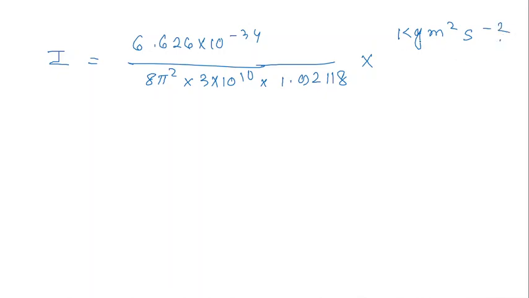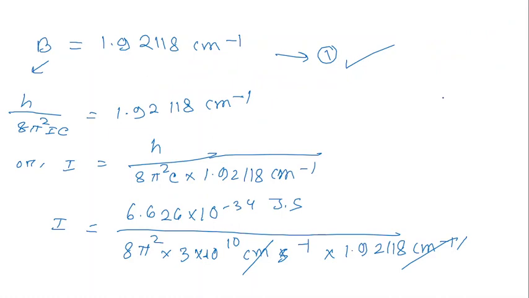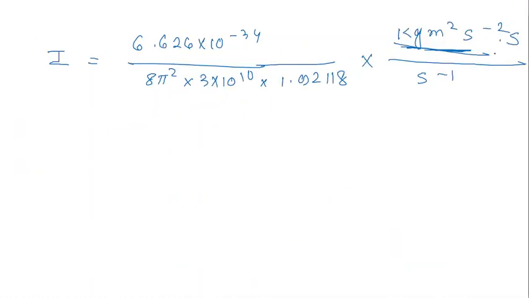This is the joule, and this value was joule second, so joule into second. Down part is second inverse. Only second inverse is left. So these two multiplied give second inverse, and there is second inverse.